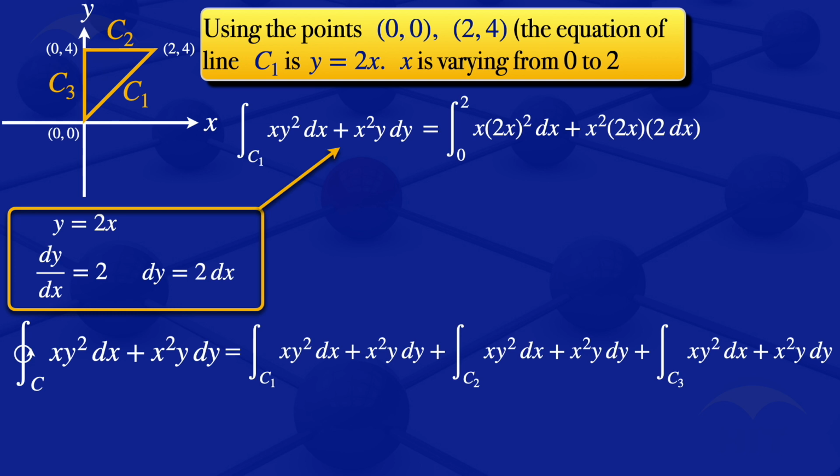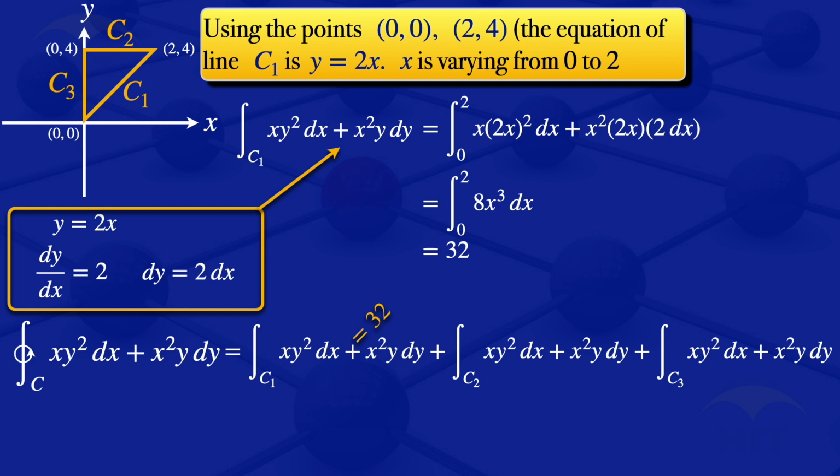And that will simplify to the integral from 0 to 2 of 8x cubed dx. The integral of 8x cubed gives us 2x to the power 4. And when you put in the limits, we get that the value will be 32. So the integral along curve C1 is 32.